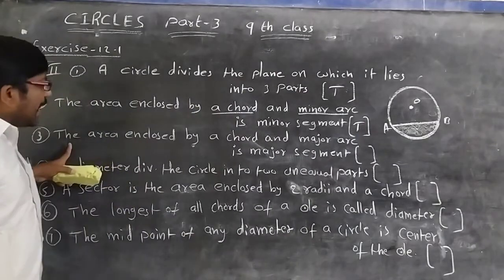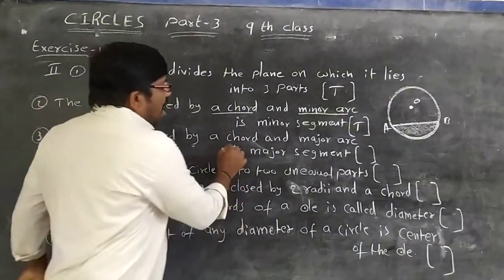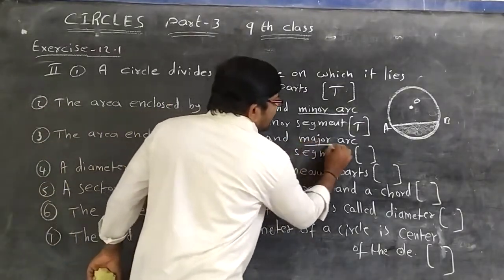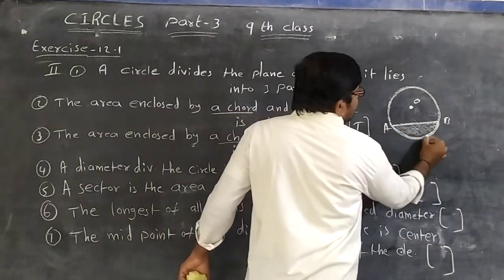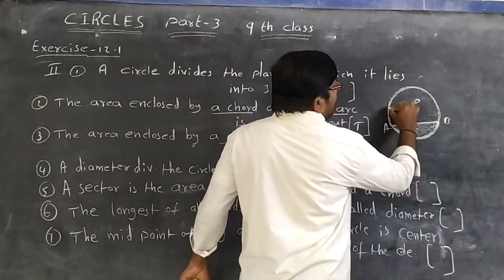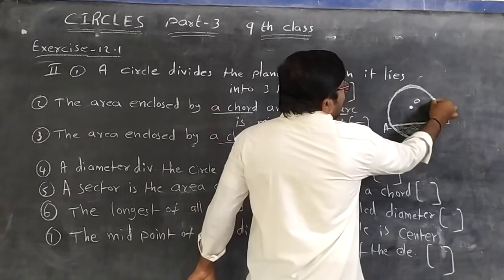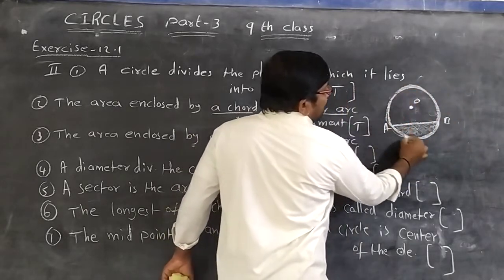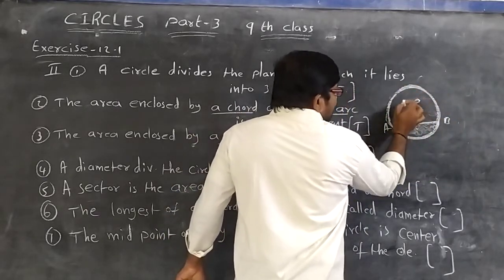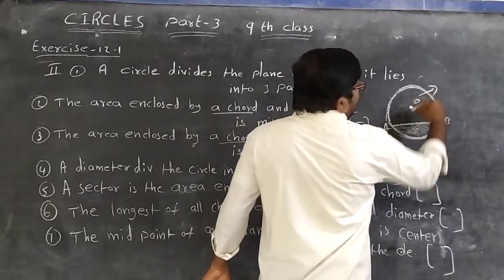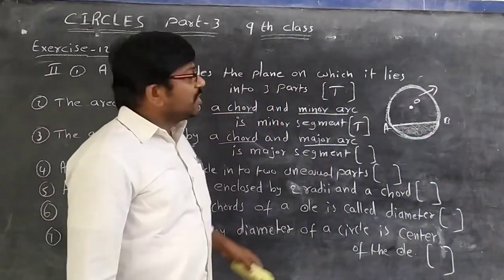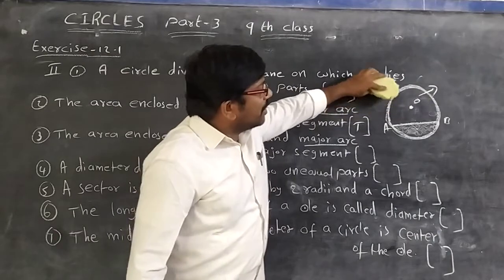Next, the area enclosed by a chord and major arc. Here this is the minor arc, and the remaining is the major arc. Its length is more than this length. So this region is called the major segment, and it looks very large compared to this segment.